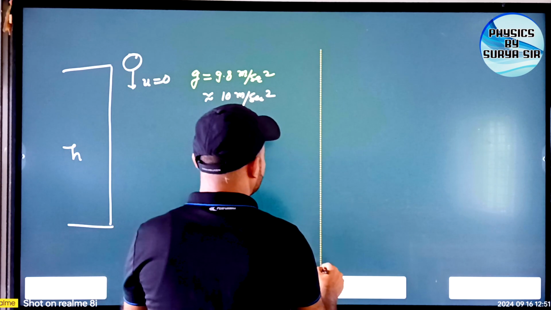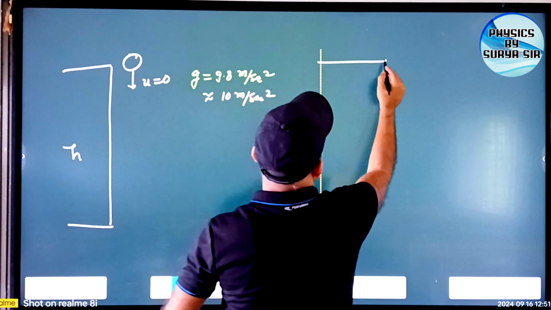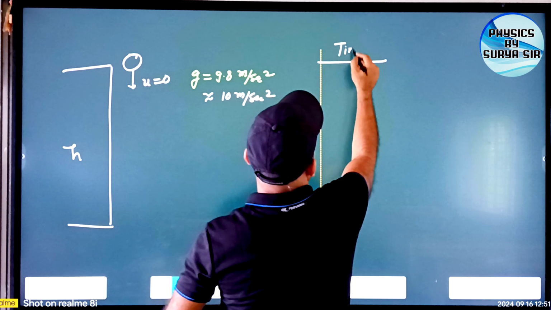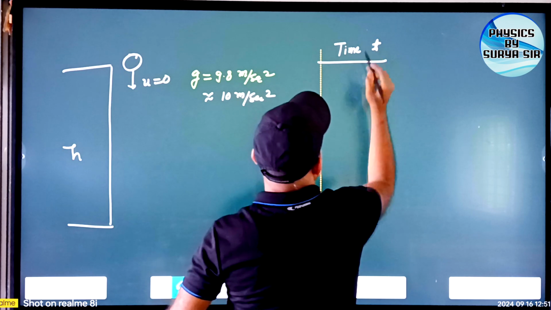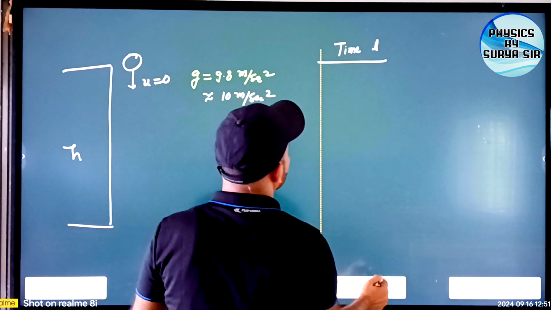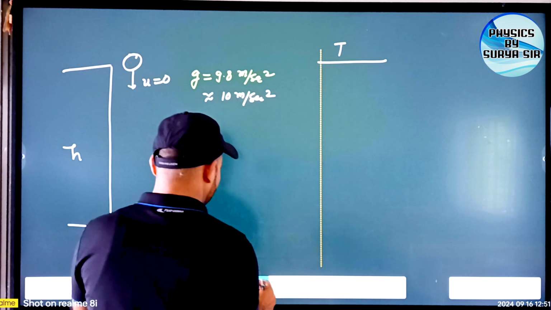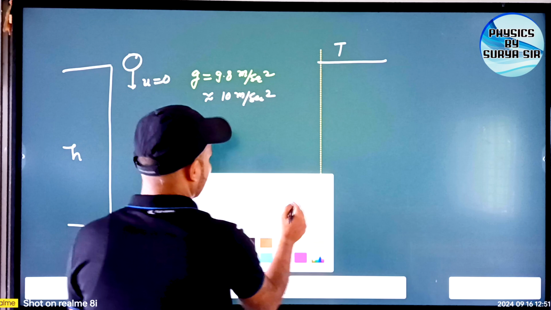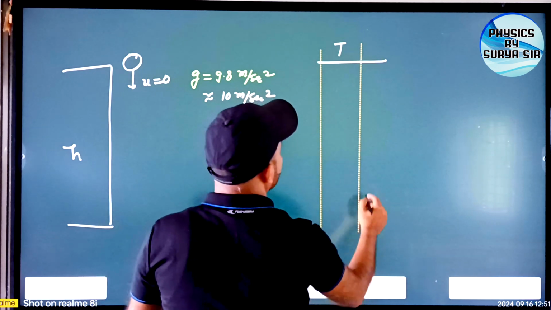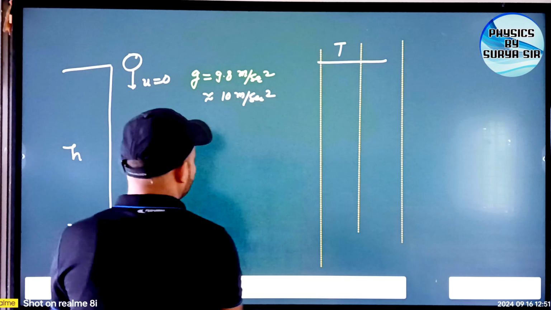Suppose here we are plotting time, this is t, and this is v, the velocity of the object.